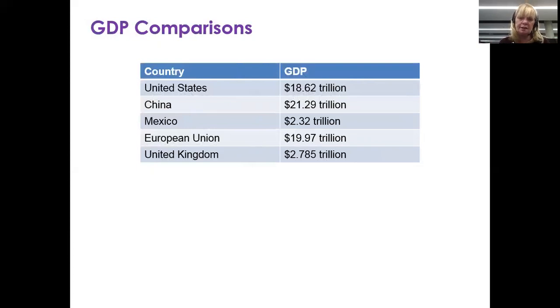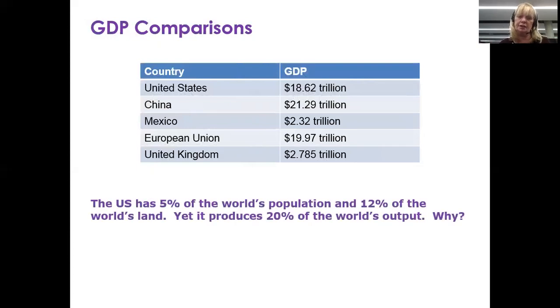But even taking that into consideration, consider this. The US has 5% of the world's population and 12% of the world's land. So rather minor from those two considerations. Yet this country produces 20% of the world's output.